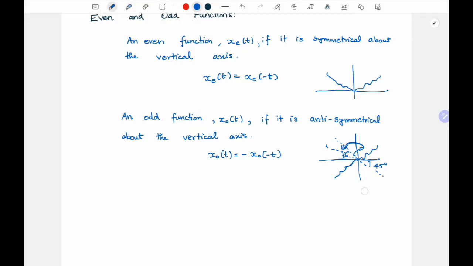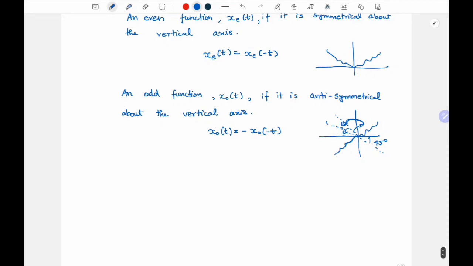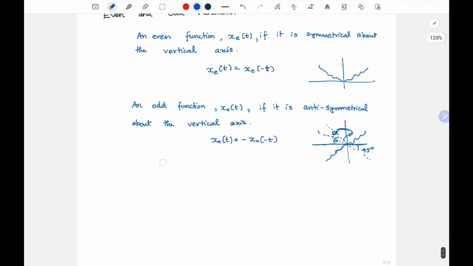And as examples, if you see the cosine function, cos t, it is something like this. You can see the reflection is perfect. Correct? So it is an even function.